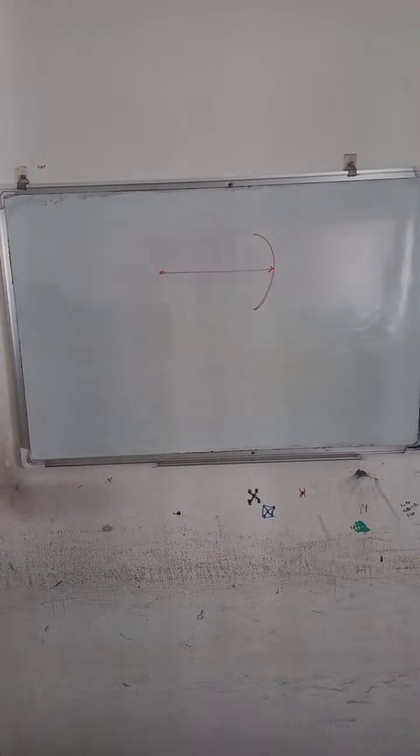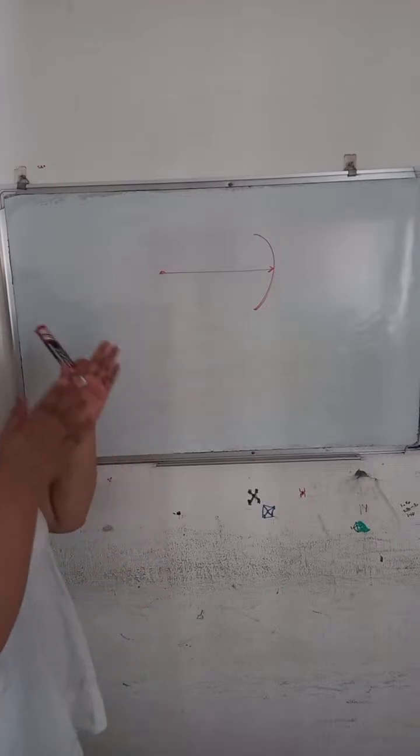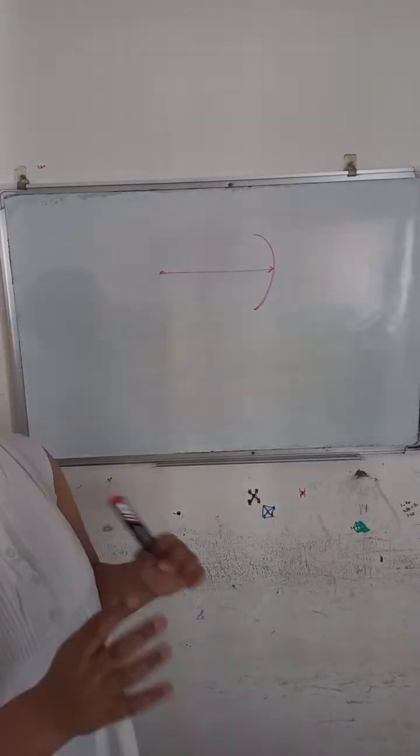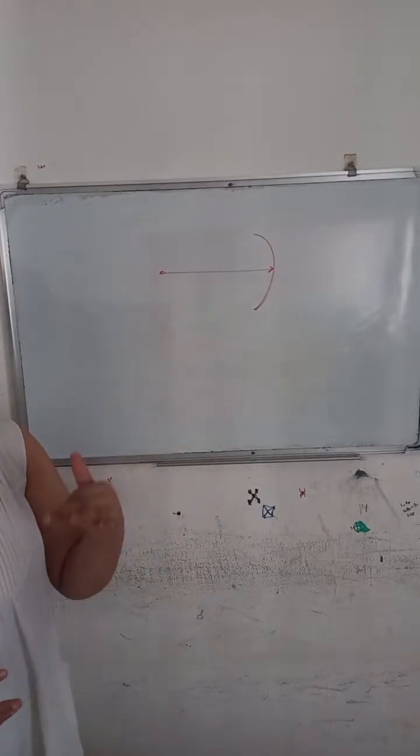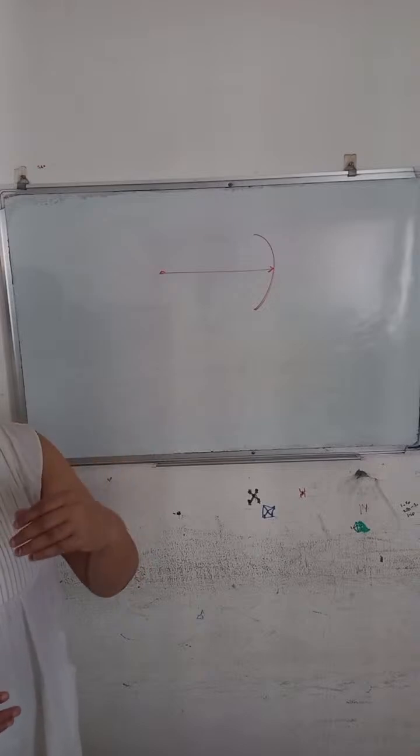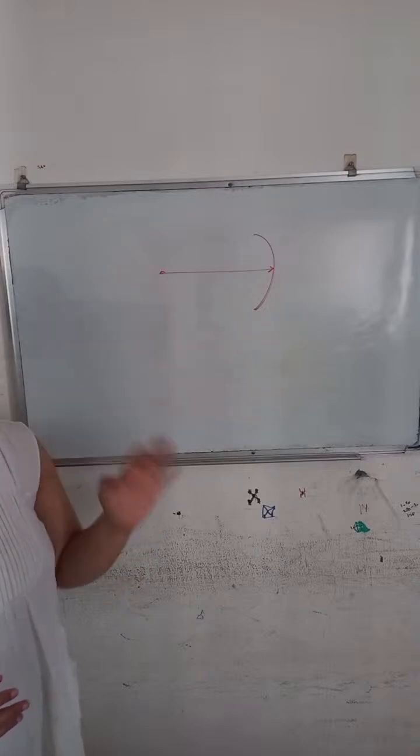And now the next question, the second bit, in torches producing a parallel beam of light. So here also we are using a concave mirror, but they are saying parallel beam of light. Basically, in torches or headlights we are using concave mirrors.